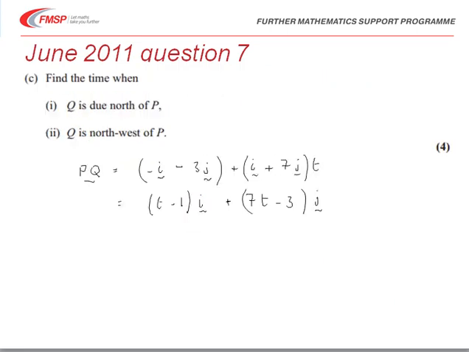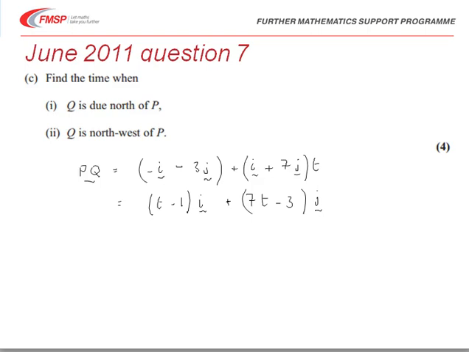Going on to the final part of the question, we're asked to find when Q is due north of P and when Q is northwest of P. We can find that from the vector PQ. To do this I have in fact rearranged it to write it as t minus 1 i and 7t minus 3 j. That's just a simple rearrangement of the PQ that we found in part b.